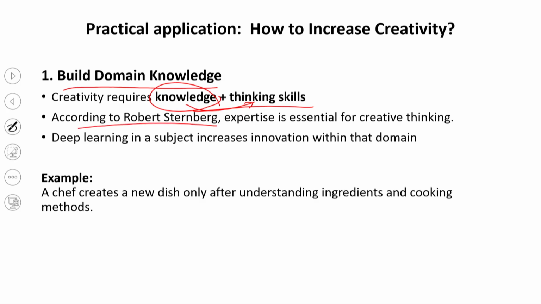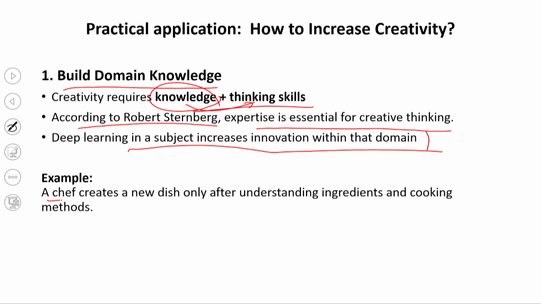According to Robert Sternberg, expertise is essential for creative thinking. Deep learning in a subject increases innovation within that domain. Only people who have a lot of knowledge about a particular thing can be creative because they know the ins and outs and nuances of a particular area. So, they can look into novel solutions and so on.